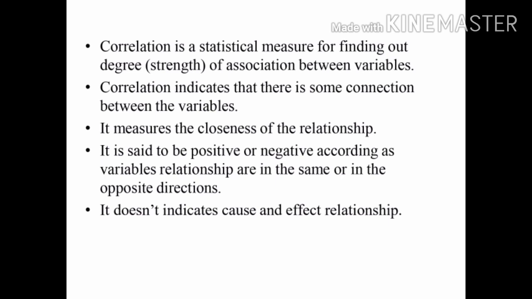That is, when two variables move together, we say they are correlated, and it measures the closeness of the relationship. It is said to be positive or negative according as the variables move in the same or in opposite directions.